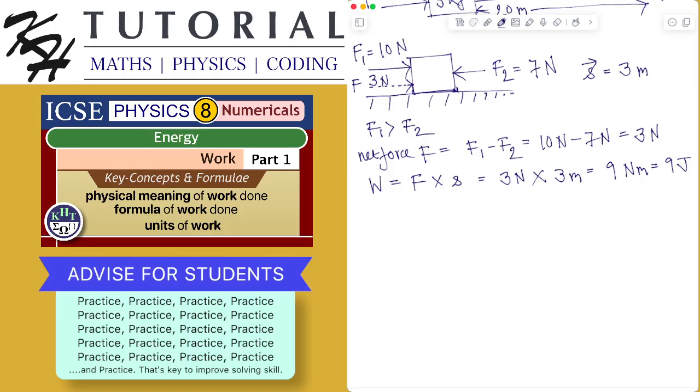Similarly, I hope this example will give you an idea, and from this concept, you can solve this problem.